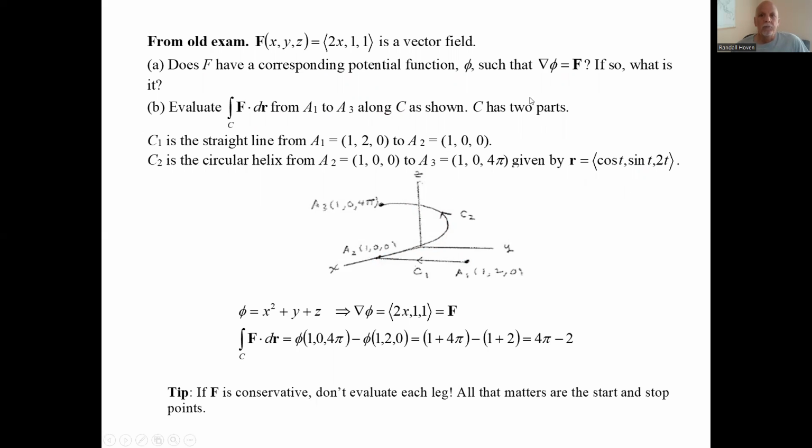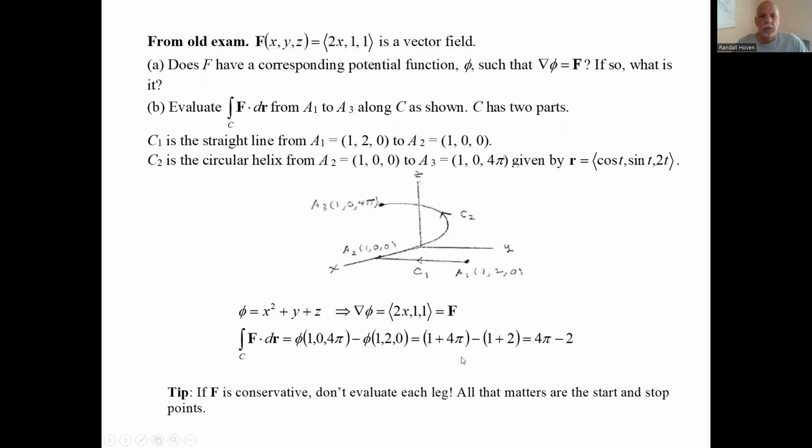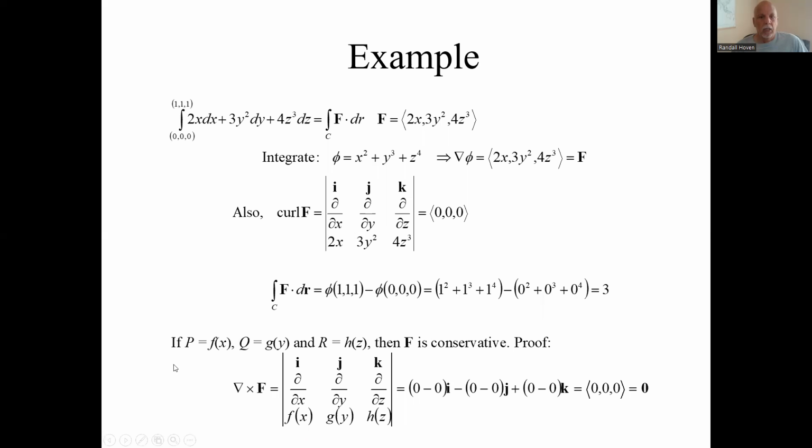Well, actually, if you look at that vector field, look at this thing I showed in my last video: if your vector function is P, Q, and R, and if P is only a function of x, Q is only a function of y, R is only a function of z, then its curl is 0.